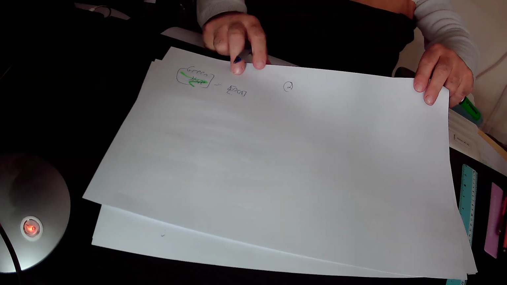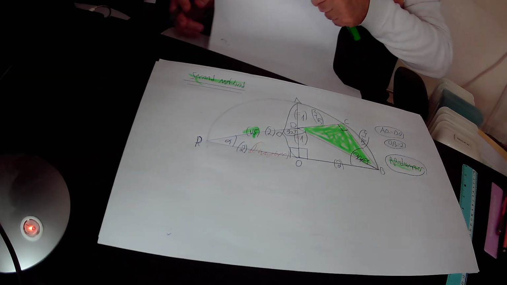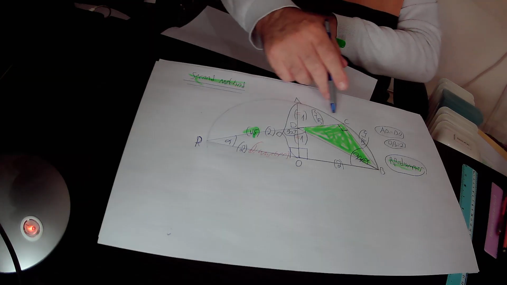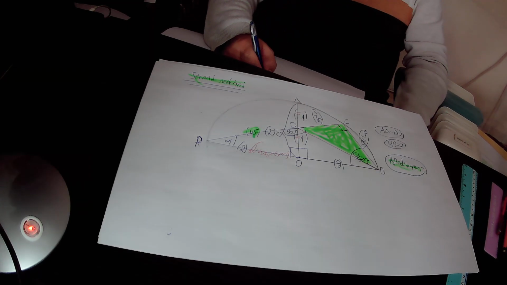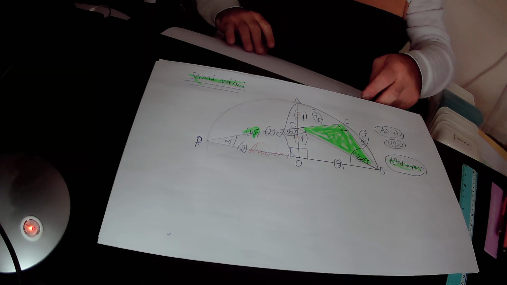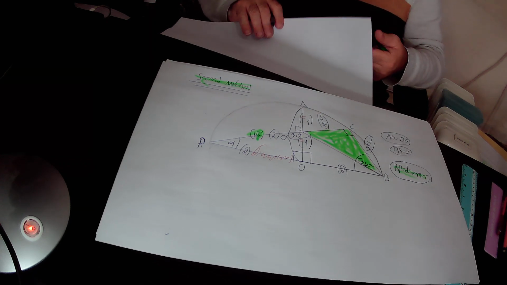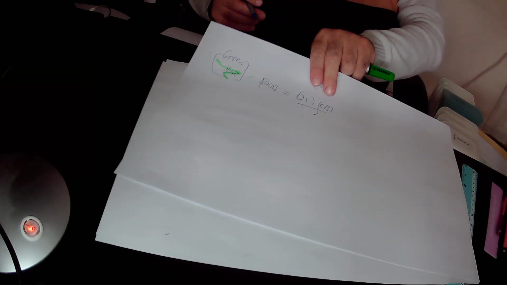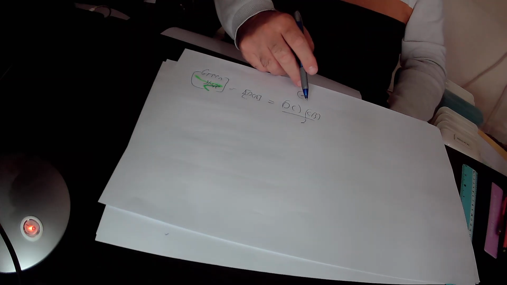The area of the right triangle DCB must be equal to the base DC times the height CB over 2.